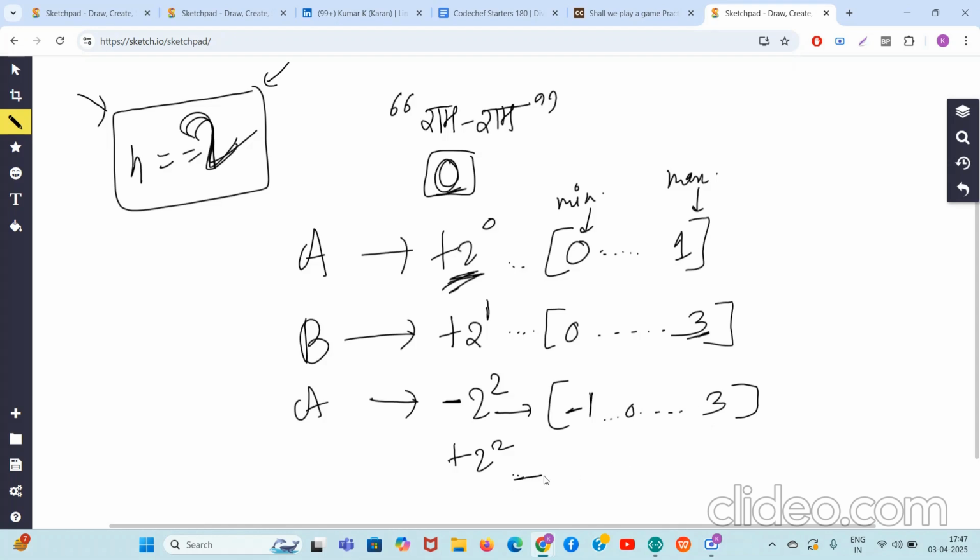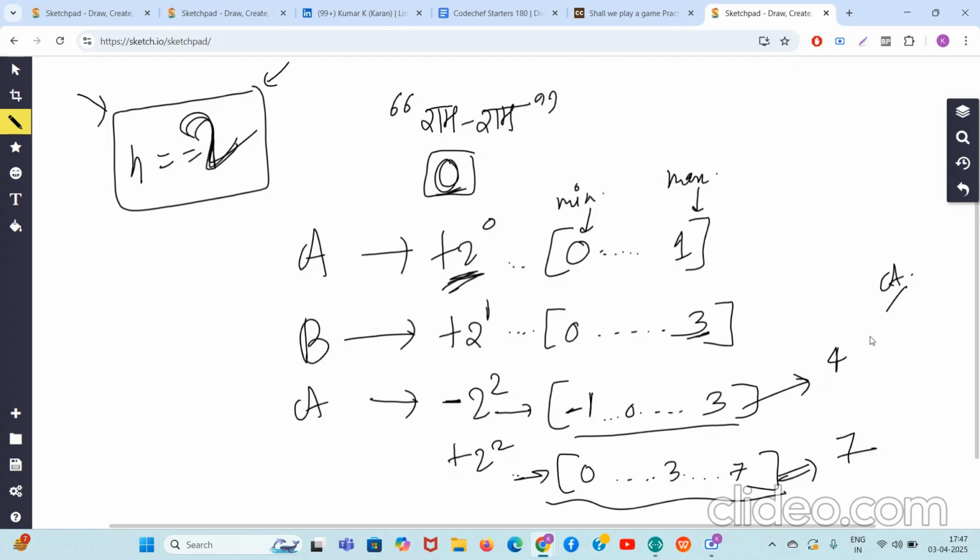And if it does plus 2 raised to 2, the range will increase. 3 plus 4, 7. Now the range size is 7. But if you take this one, the range size is 4. Alice wants the smaller one. So this will not be preferred. Alice will do minus 2 raised to 2.